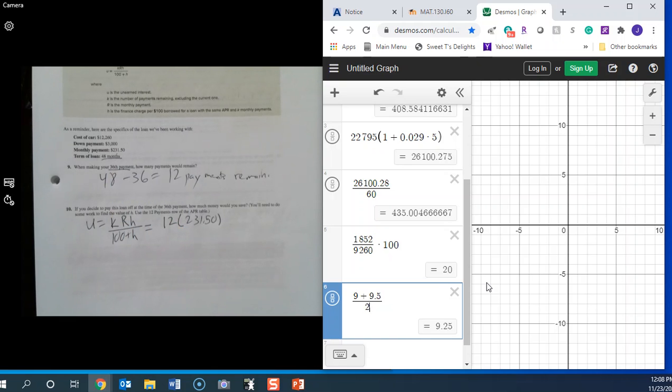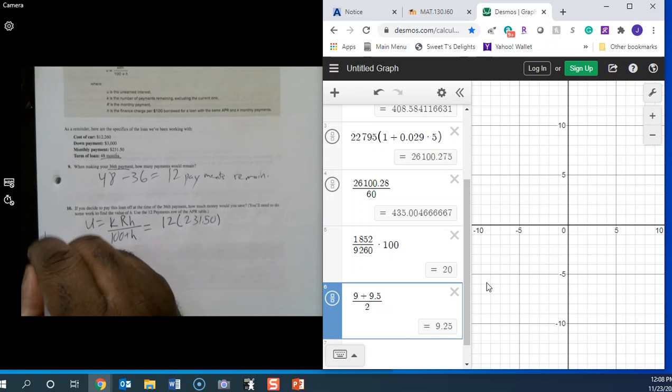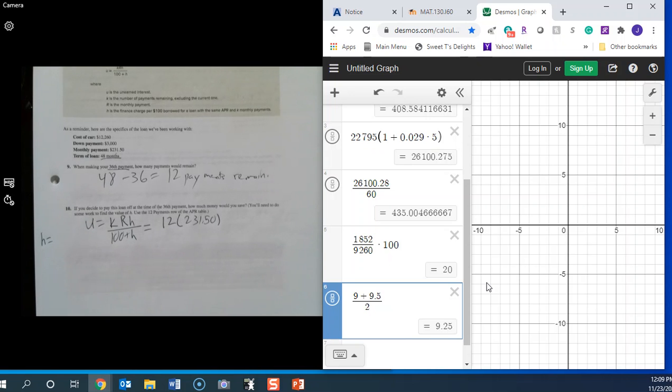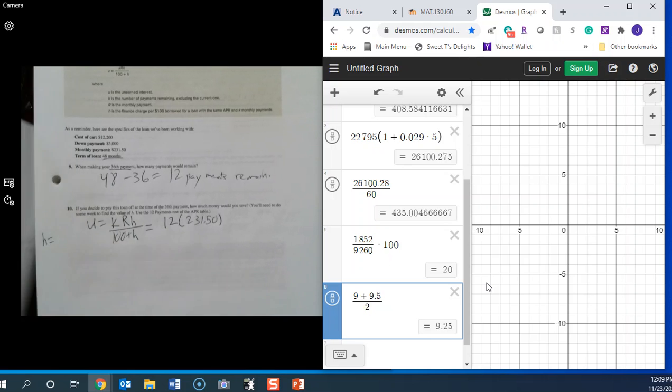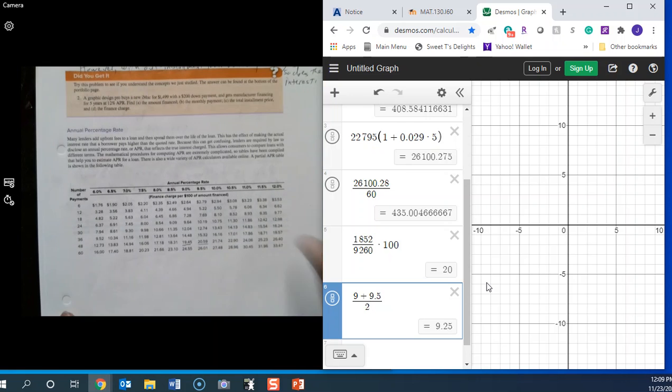Okay, so now, here comes the interesting part. H will have to be solved like this here. We will have to go back to the table. Now remember, when we looked here for the $20, we was at 48 months.